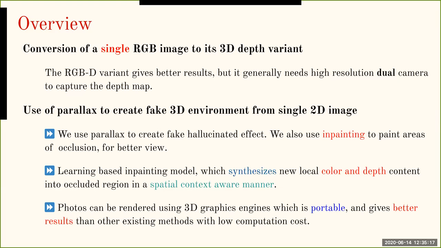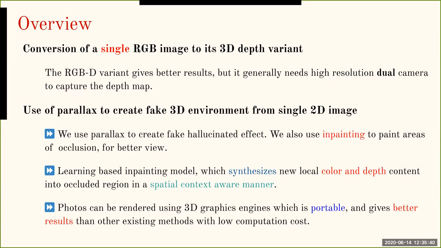So how can we cover this? How can we cover this 3D inpainting? Since we are using a single 2D image, we will use parallax. Parallax means we are separating the image into multiple layers and moving one layer a little bit slower than the other.